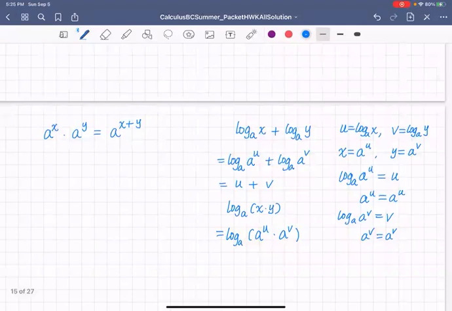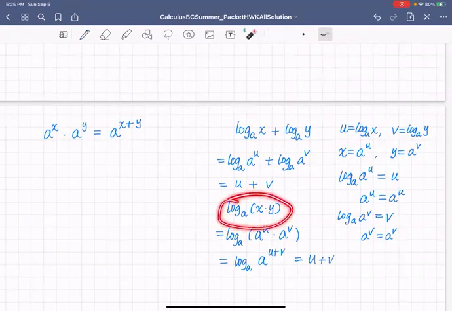Equals log a of a to the power u plus v. Make sense? Okay. And you can put u plus v in front because they have the same base of a. That's why this guy and this guy always equal. Does this make sense now?